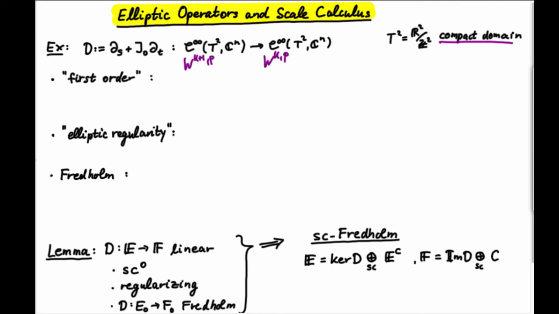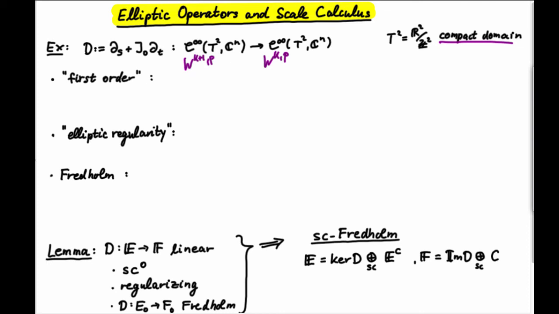It's going to be Fredholm in all or none of them, as long as p is not 1 or infinity. And in terms of scales, it's very easy to say what all these things mean: first order elliptic regularity, and not just Fredholm in one, but in all.